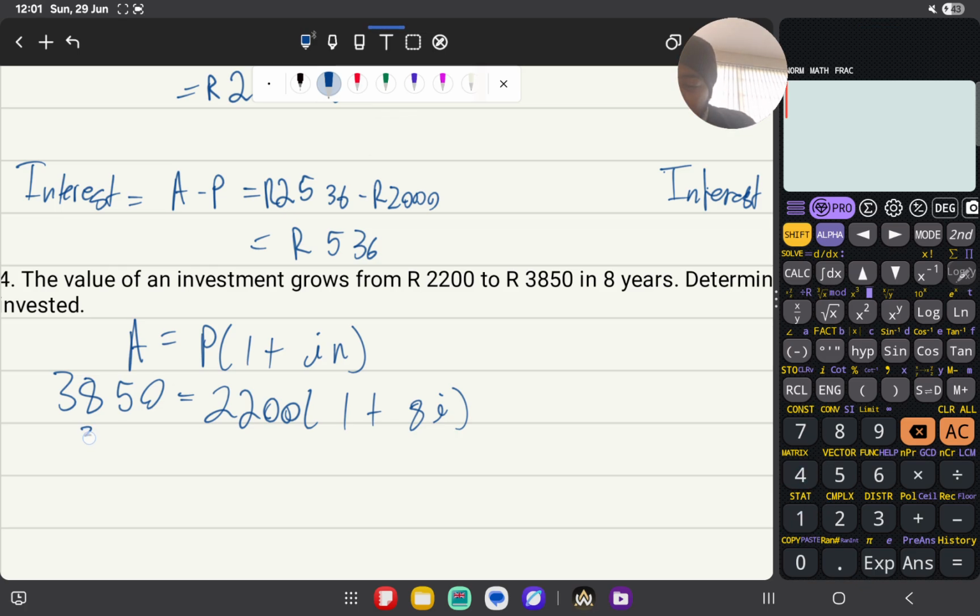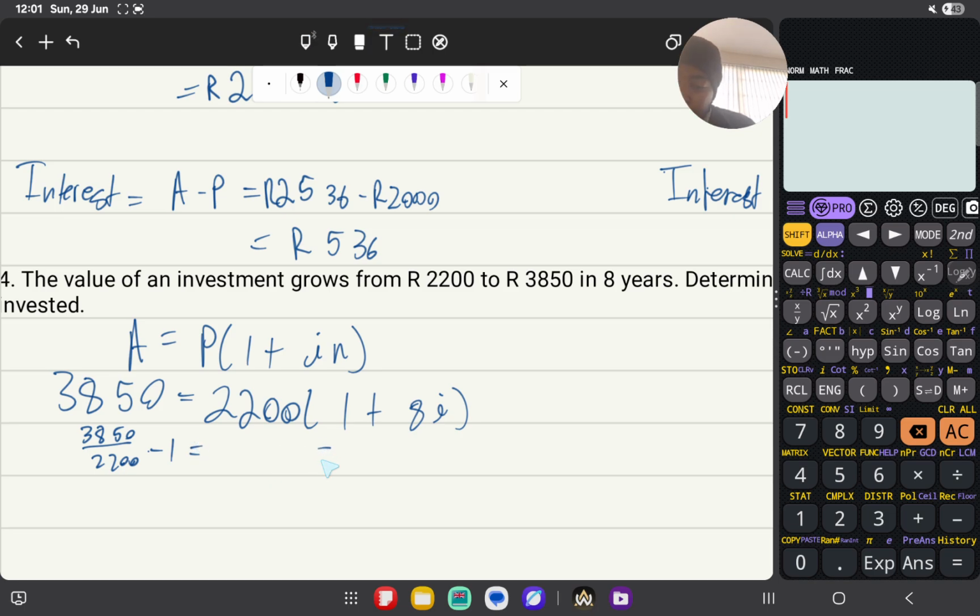So you would have 3850 divided by 2200 being equal to 1 plus 8i. I'm running out of space now, so allow me to do this. On the next step we transpose the 1 to that side, and it becomes negative, so we say minus 1.